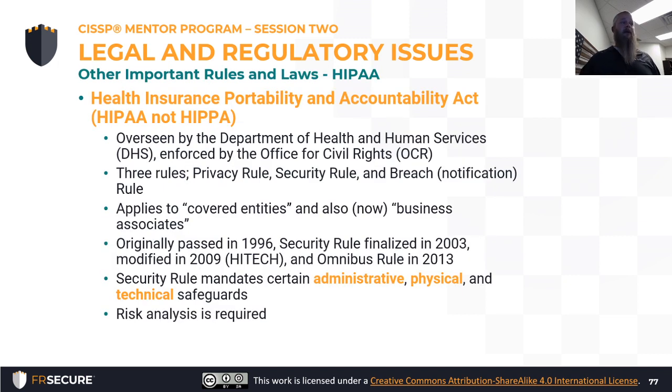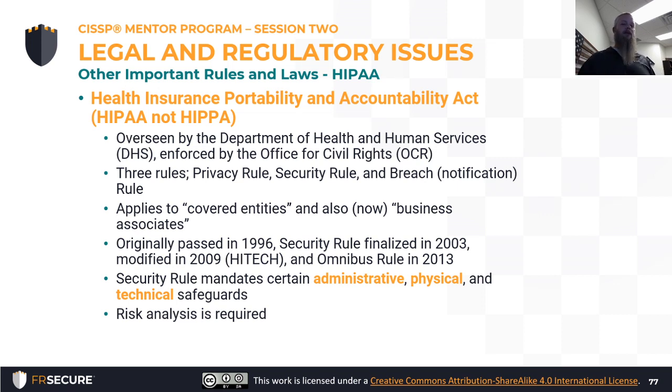HIPAA has been around for a long time, 1996, so I guess that makes it 24 years now. There's the security rule itself, the privacy rule, and the omnibus rule, which really has the breach notification piece in it. 1996, 2003, 2009. It wasn't until 2009 where things got more serious from a security perspective.